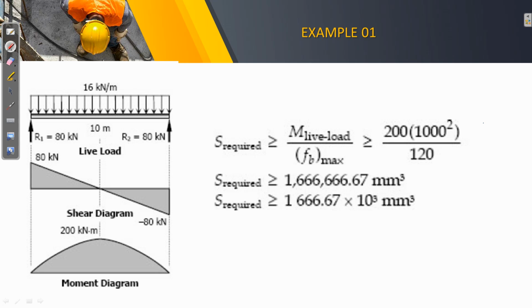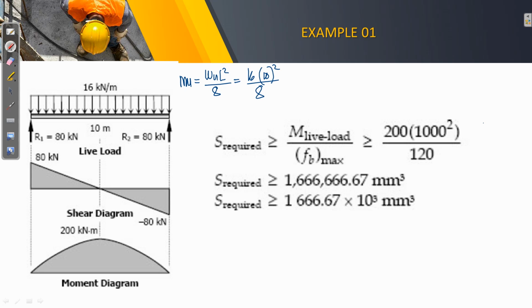So if we have a simply supported beam, just bear in mind that the maximum moment is equal to W L squared over 8. Okay, so in this case, we have 16 times 10 squared over 8. And this is the maximum.